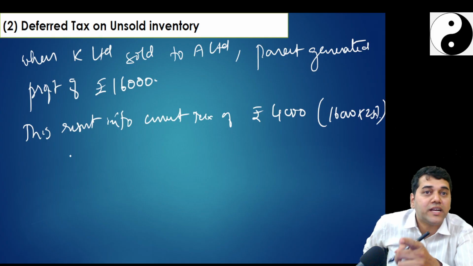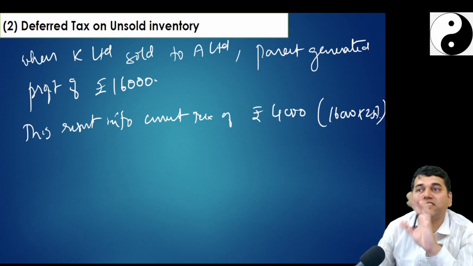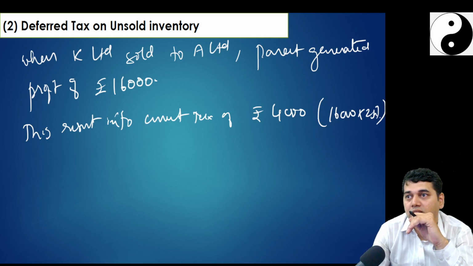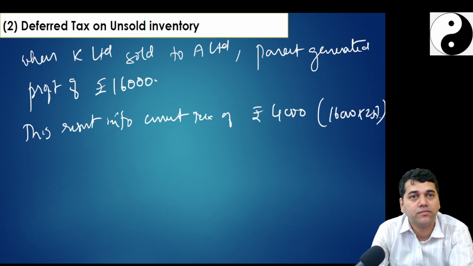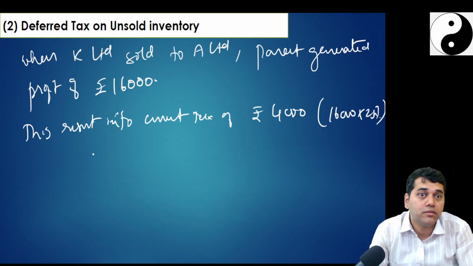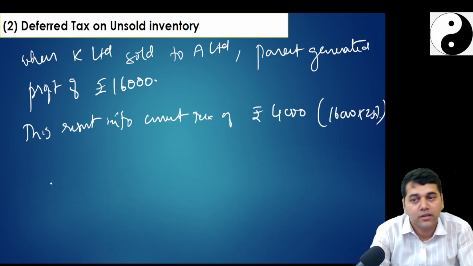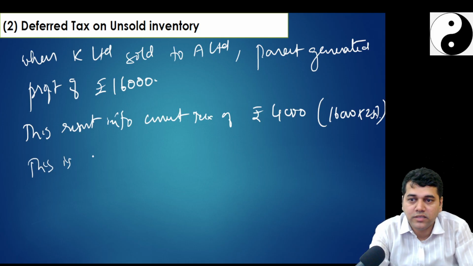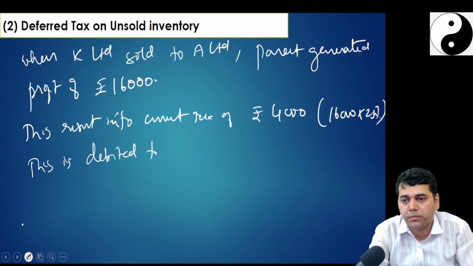You didn't write this previously because for the first case, the current tax effect was not there, only deferred tax. But for this intergroup transfer, you have got a current tax expense also. What are you going to do? Debit to? Okay, that current tax expense, where are you going to show it, P&L or OCI?